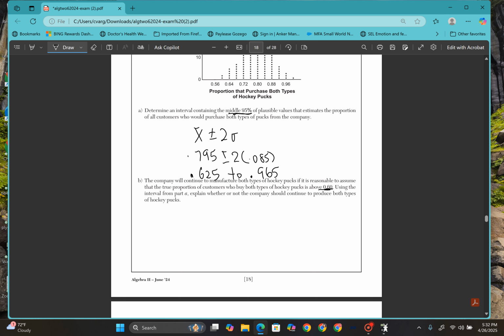The company will continue if it's reasonable to assume that the true proportion who buy both types is above 0.60. So if it's above 0.60, using the interval for part A, explain whether or not the company should continue to produce both types. And the answer is yes, right? It is, because this interval is above 0.60.